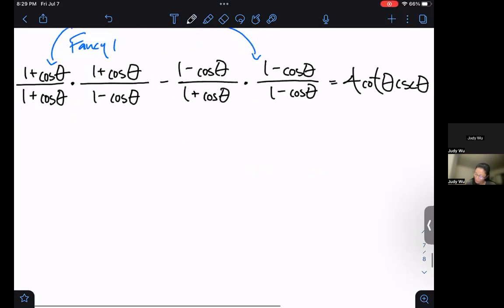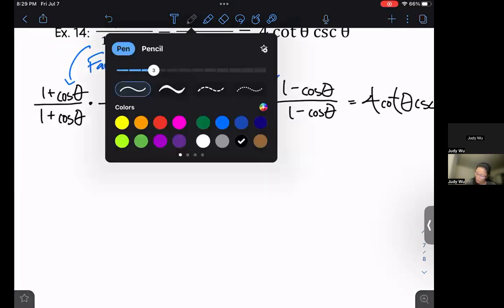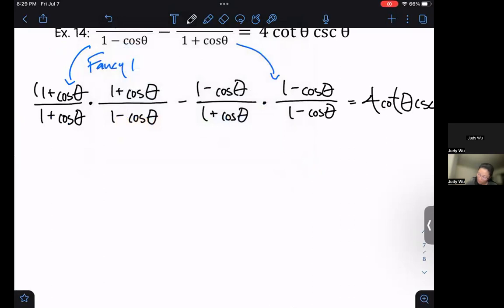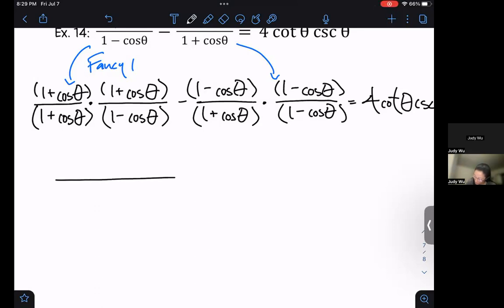Now let's do a little bit of algebra. Before I do that, I'm going to make sure I see all my parentheses here. I know that I'm foiling a bunch of stuff. What do we get for the first fraction? 1 plus 2 cosine theta plus cosine squared theta. What do I get for the denominator?